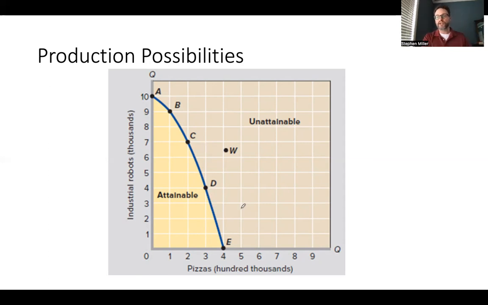So they have increasing opportunity costs as they produce more and more pizzas. And the same thing works, right? So that works going this way as they produce more pizzas, but it also works as they go this way. As they produce more and more robots, they have to give up more in terms of pizzas.